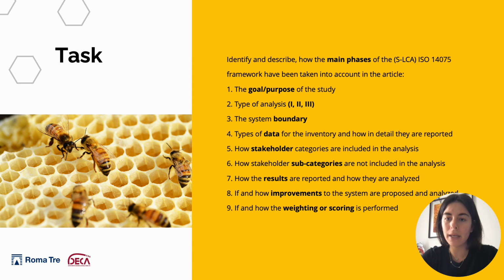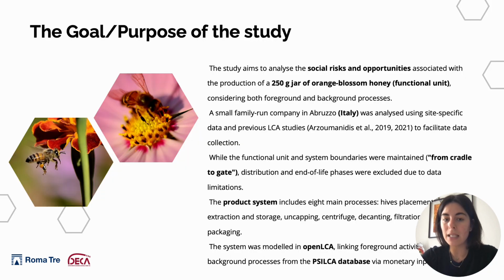This is the summary of the content of my presentation. The aim of the study is to analyze the social risk and opportunities connected with honey production processes, including not only activities performed within the company, but also upstream and background processes along the supply chain.